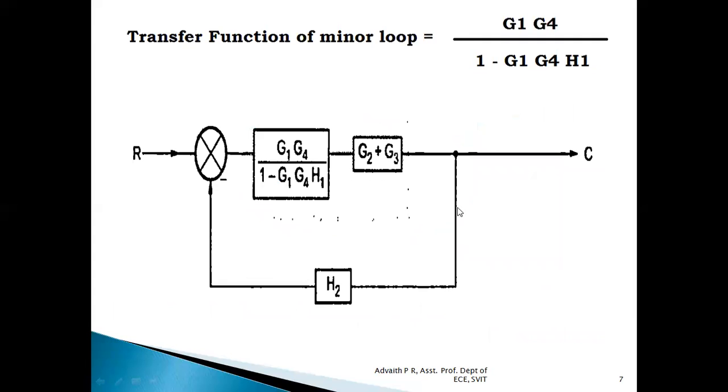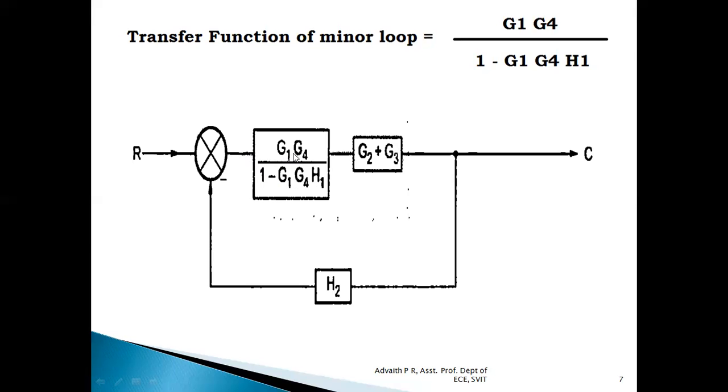Now the block diagram looks somewhat similar to this. If we observe here again, two blocks are connected in series: G1 G4 divided by 1 minus G1 G4 H1 is connected in series with G2 plus G3. The reason these two blocks are connected in series is that when the signal is transferred between them, there is no deviation in the signal. The signal cannot take any other path.